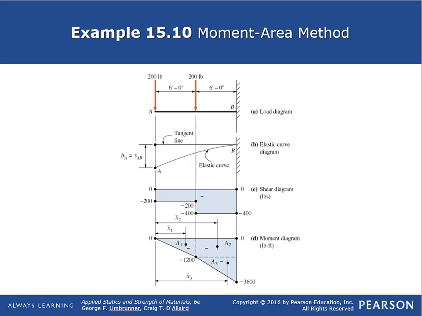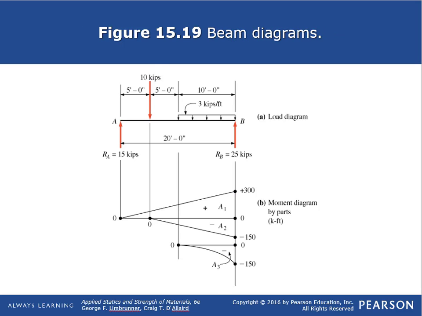One of the ways to get around that is to do moment diagrams by parts. This is what is shown here. In this case, we're doing the moment diagram by parts at point B. We have a reaction at A, a point load at B, and also this distributed load here, 3 kips per foot.